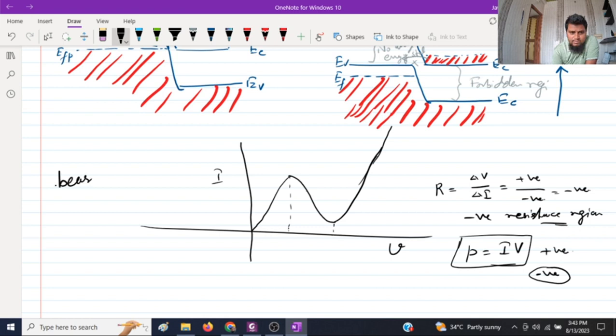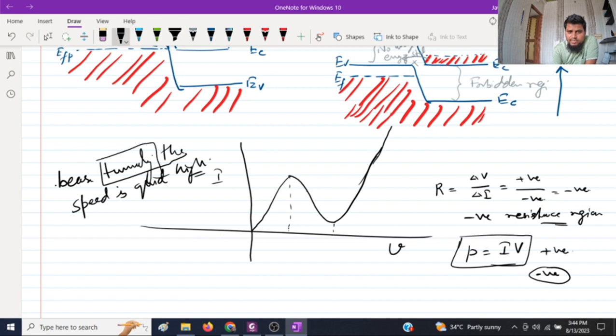Because of tunneling, the speed is quite high, right? The electron transition from one place to another is happening because of tunneling, which is a quantum mechanical phenomenon, and that takes almost no time.